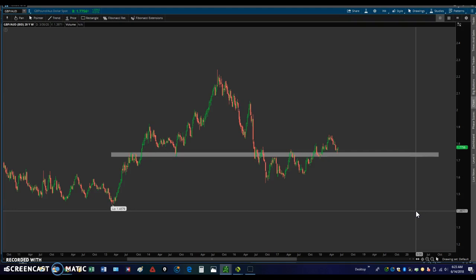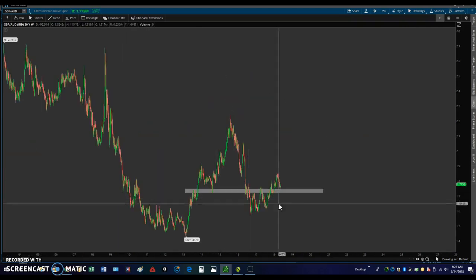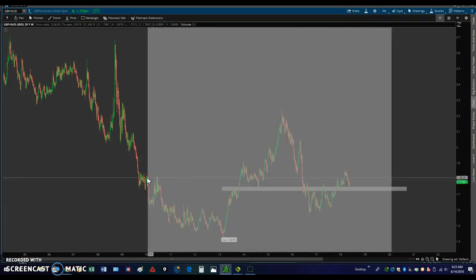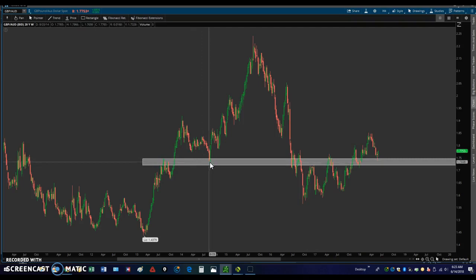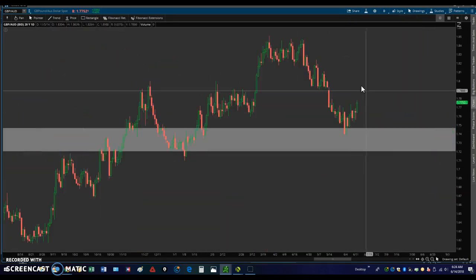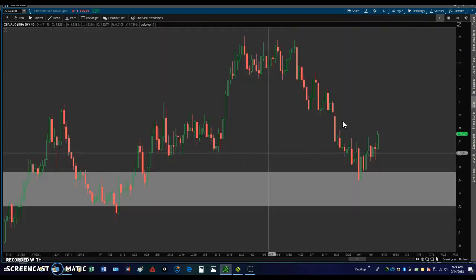You can see it's held on both as resistance and support. Had a large extensive move off of it previously, and once it got back around it, it held on both sides. So that's the markup on the weekly chart.